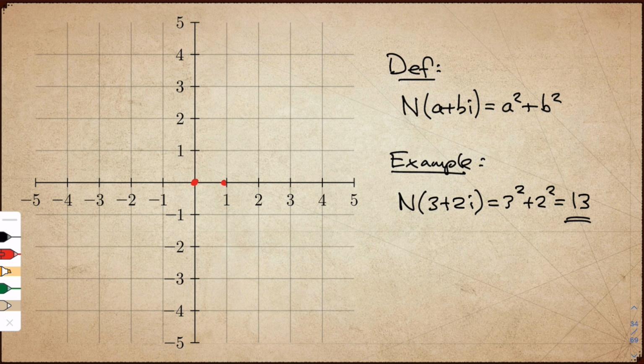The norm of 1 is 1. The norm of i is also 1. The norm of 1 plus i is 1 squared plus 1 squared, that is 2. The norm of 2 is 2 squared plus 0 squared, that's 4. And the norm of 2 plus i is 5. And we keep going like that.